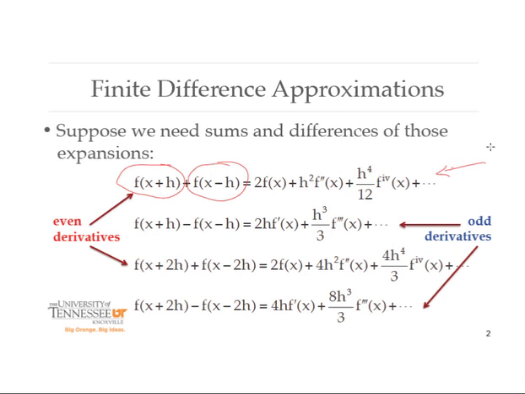And what's interesting is you would get twice f of x, but all of the odd derivatives would go away because of those alternating signs. So that expansion there only has even derivatives.